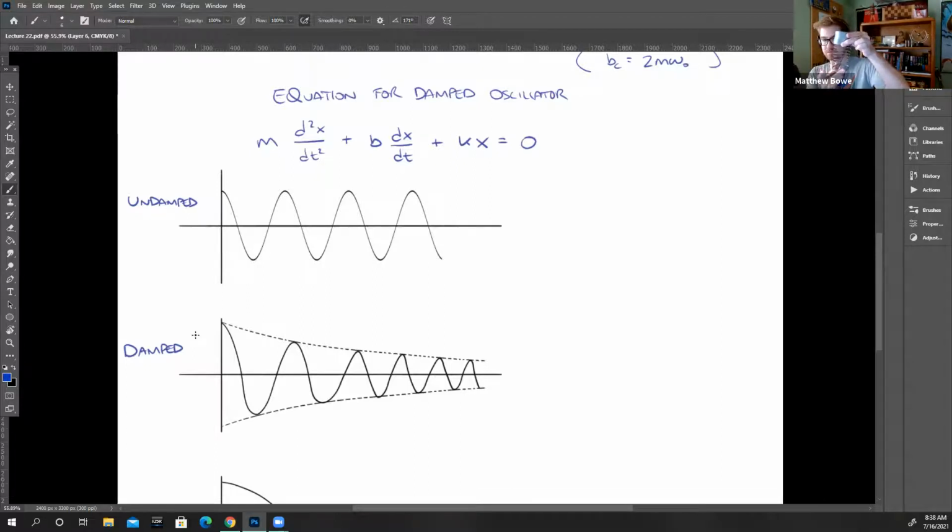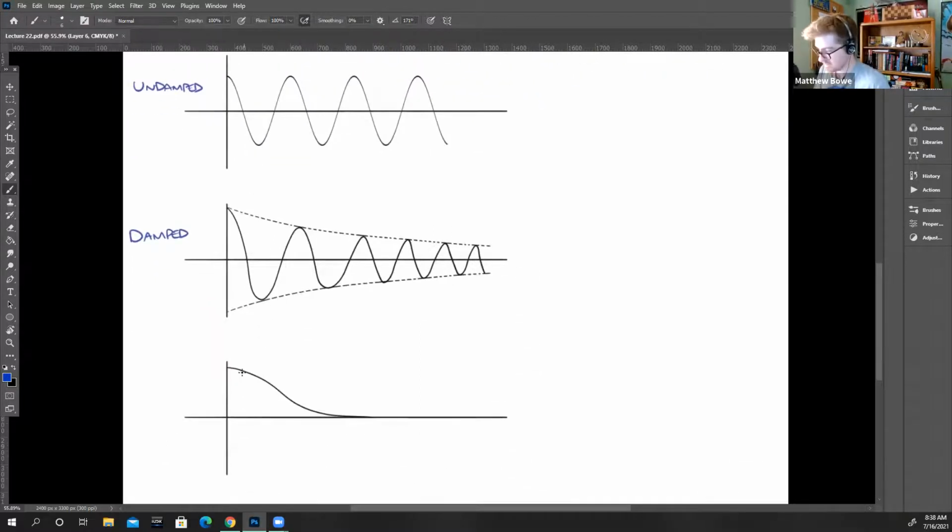Since I've displaced it some amplitude, it will then slowly return back to where it originally was and just stay there. No oscillations. That is overly damped. That looks like this graph.